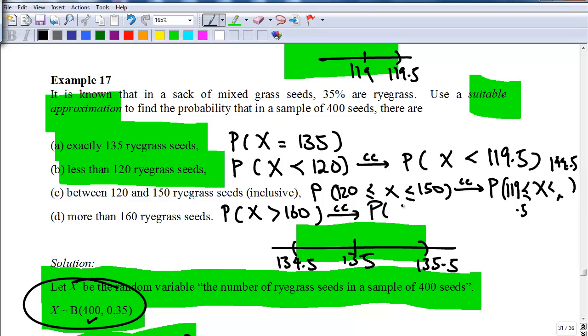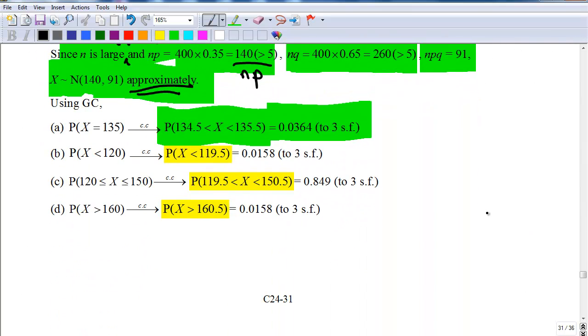I want to find probability X bigger than 160. What is the first number I need? I need 161. Bigger than 160 doesn't include 160. So the first number I need is 161. So this is bigger than 160.5. Strictly speaking, there's an equal sign there. Once you have got all the CC done, then straight away you can press your GC to get the answer. Okay, let's look at the printed solution.